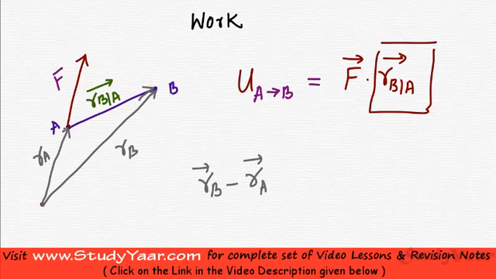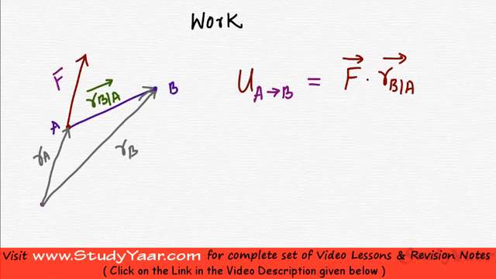So your work done by force F in moving the particle from A to B along AB is equal to the F vector, which is the force vector, into this relative displacement vector, which is RB by A. This is a dot product.